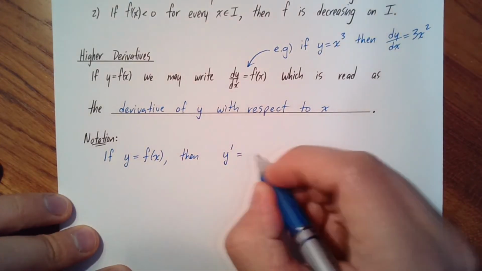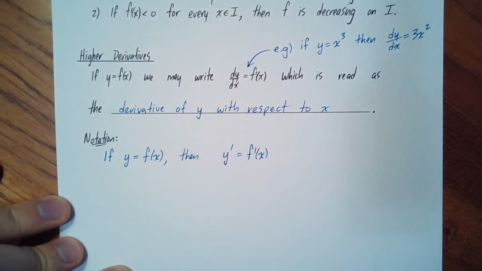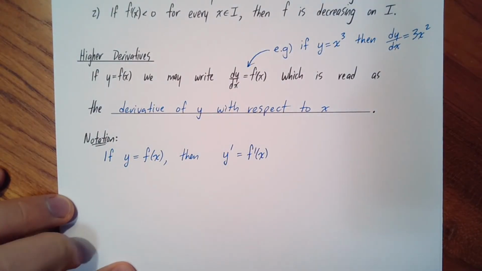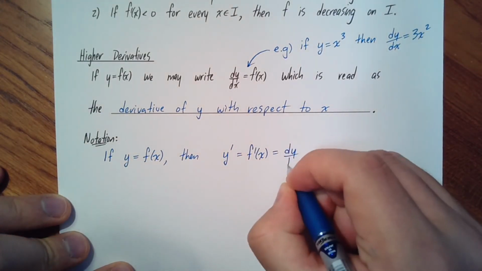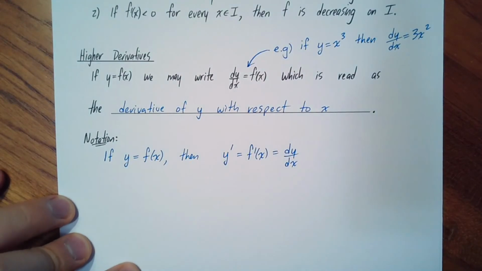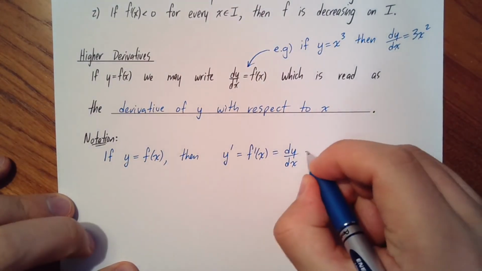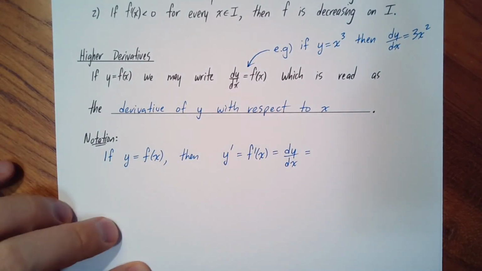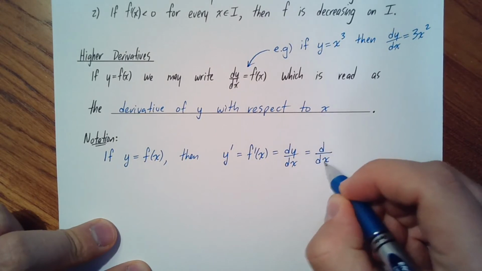So I can also write f prime of x. We've seen that notation lots. You can also write dy dx, as we just mentioned up here in this example. And you can also use operator notation, which looks similar, but you'll see the difference.